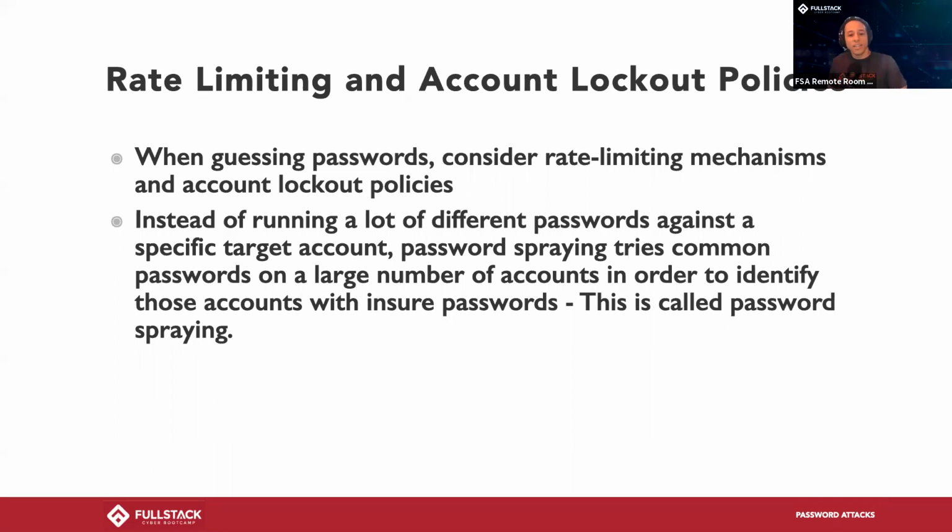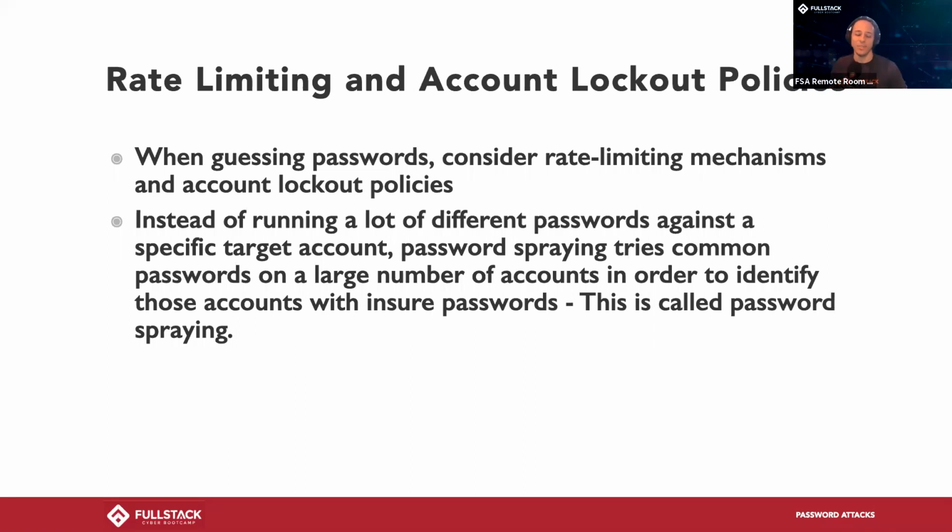So one technique that red teamers have to get around this is a technique called password spraying. And instead of trying a whole bunch of passwords on one account, you try a small amount of very common passwords on a whole bunch of accounts. Passwords like password or football or ninja, or some combination of those things.